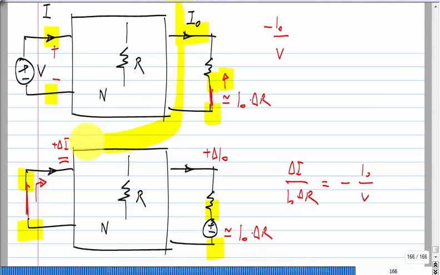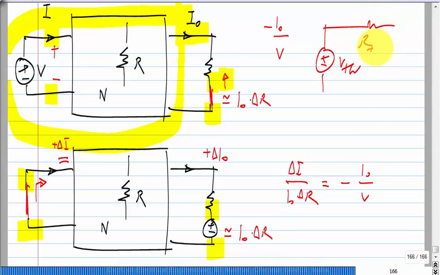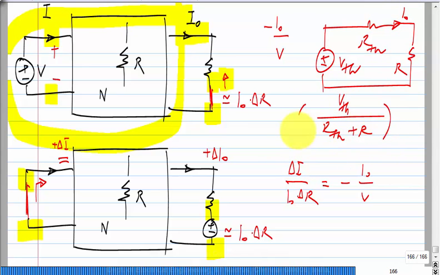Because if you replace this whole thing by its Thevenin equivalent, you will get VTH, RTH and R. What is the value of I naught? VTH by RTH plus R. So, I think in fact it is this that appears in the expression. So, that can be substituted by I naught, so that you can simply write it in terms of the solutions. Is it okay?